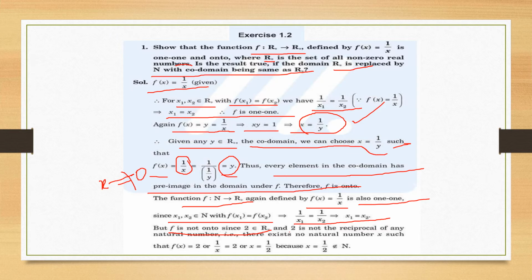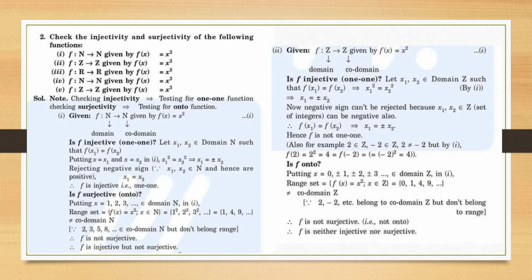Okay, so 2 is not the reciprocal of any natural number. That is, there exists no natural number x such that f(x) equal to 2, or 1/x equal to 2, right? Because x equal to 1/2 is not a natural number. So this function is one-one but not onto.